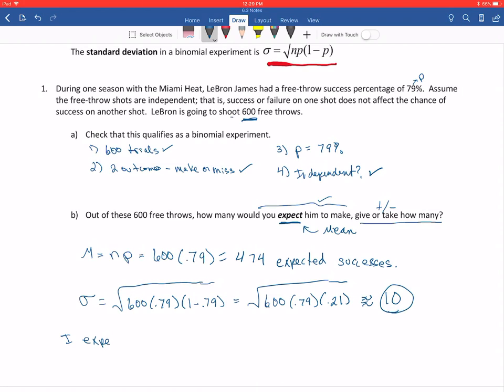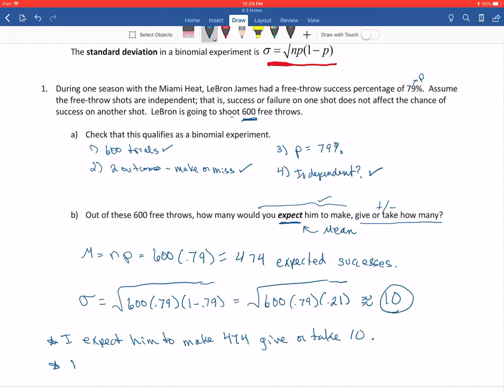So what I would say overall for my final solution here is something like, I expect him to make 474, give or take 10. I could say that.